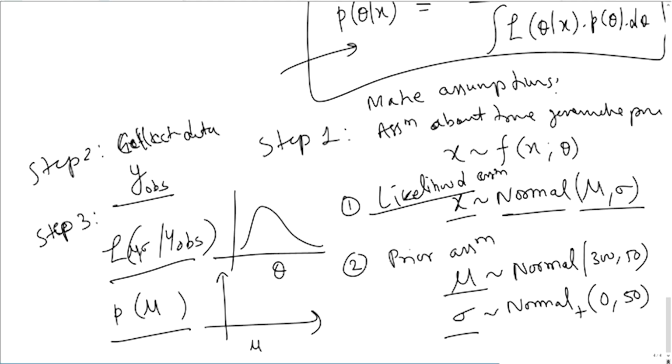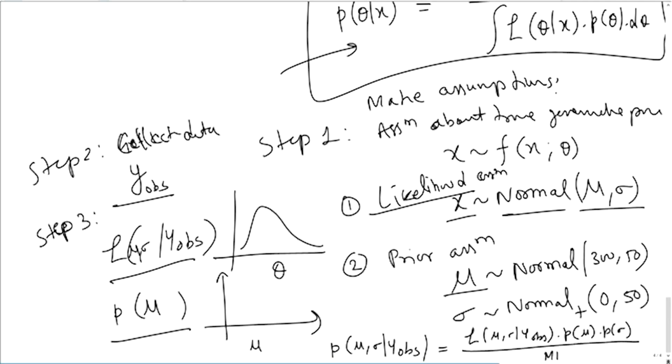Then your posterior of mu sigma given the data is the likelihood of mu sigma given the data, times the prior density of mu, times the prior density of sigma, divided by the marginal likelihood.